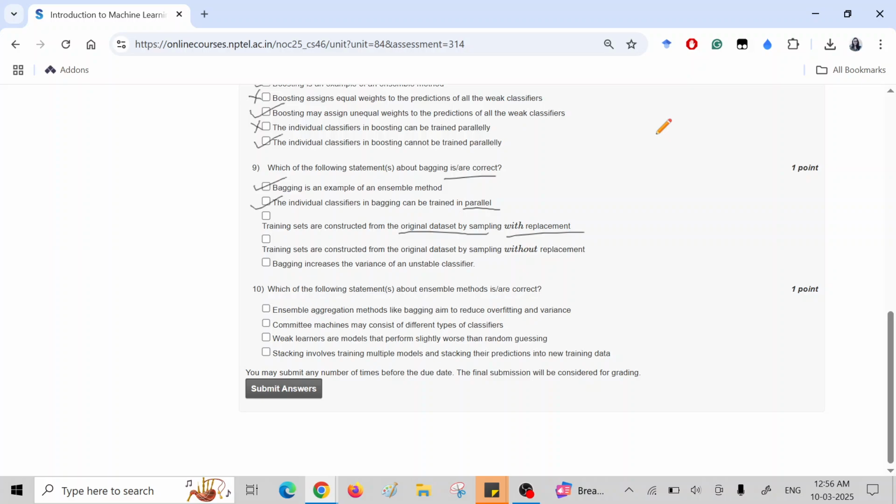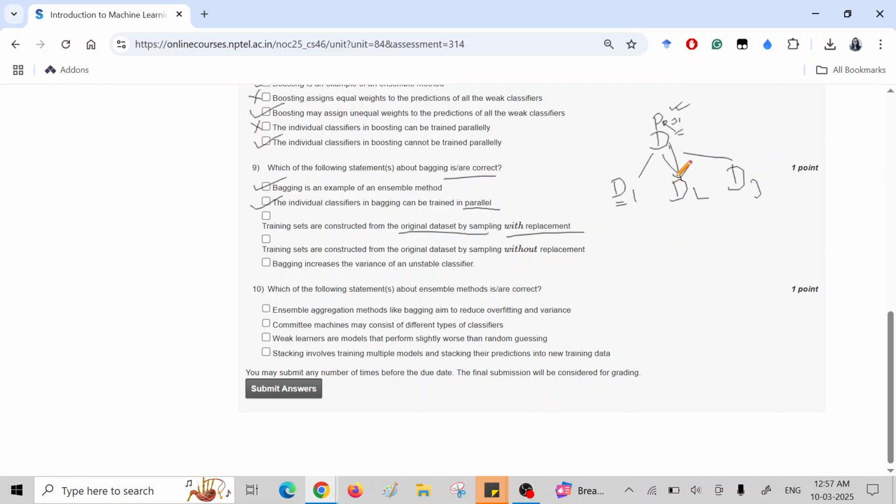Once this original dataset is there, when I draw samples for the newly created data sets, whatever sample I draw for D1 will again be returned to the population of the D data set before I do the new sample selection.